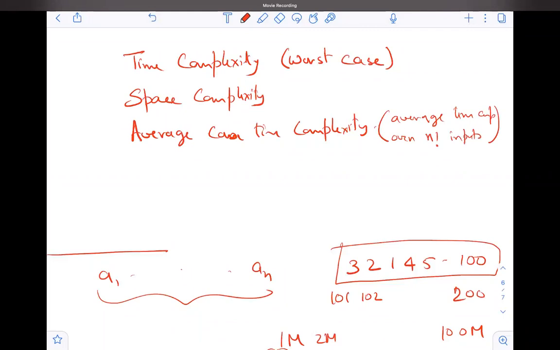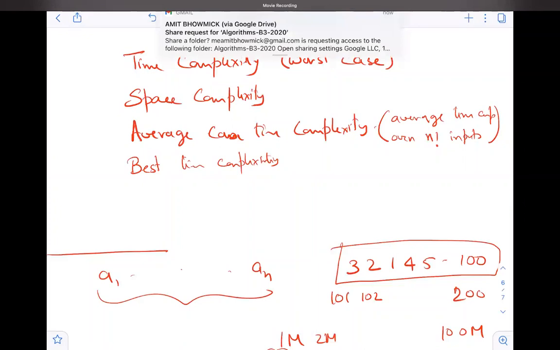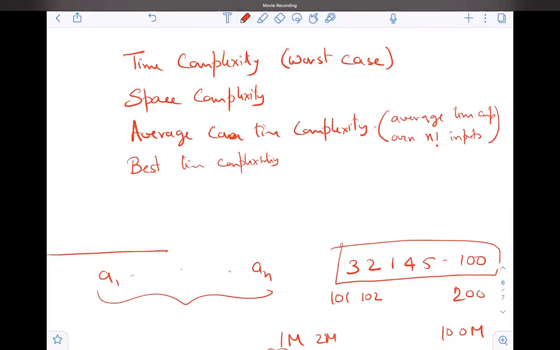Now there are some other things also, what is called the best time complexity. What happens if the algorithm was given a sorted list, already sorted? Then what happens? Big O of n. The algorithms might not be able to take advantage of this, and might have to go through the whole drill.